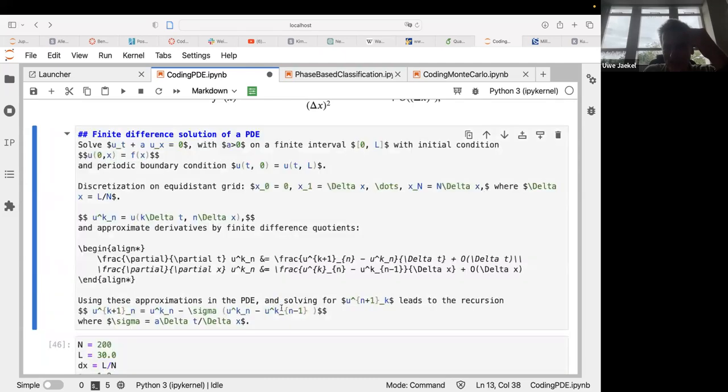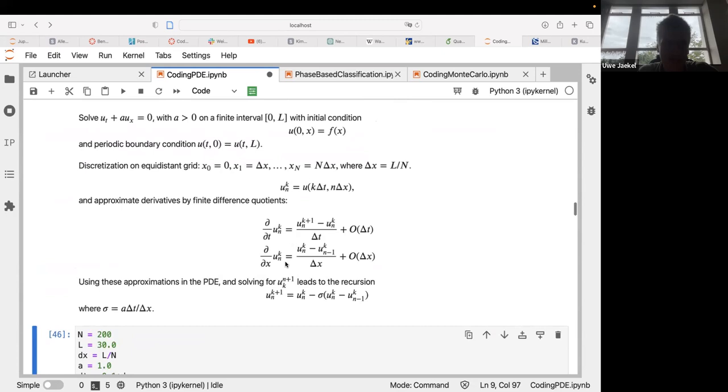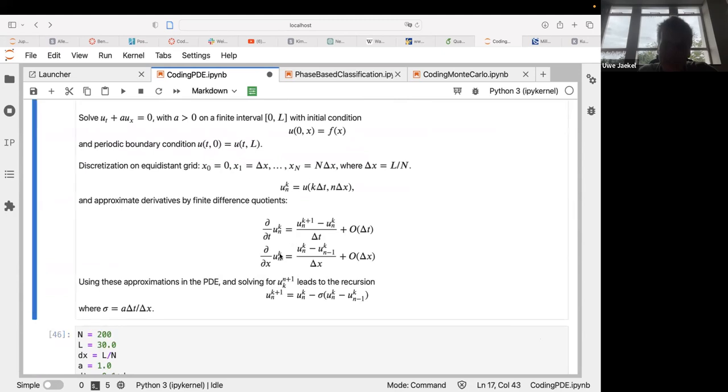Yeah, so we are interested at time step k. We want to know the derivative, and there we take a backward derivative for reasons that I will tell you later.